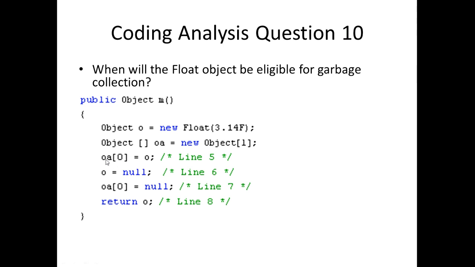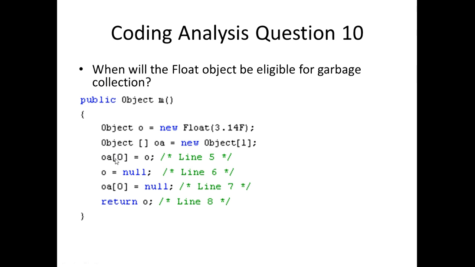And then we're going OA at position 0 will equal O. So that means in this OA array, we're passing in this float value here, 3.14f. So that's being passed in here.